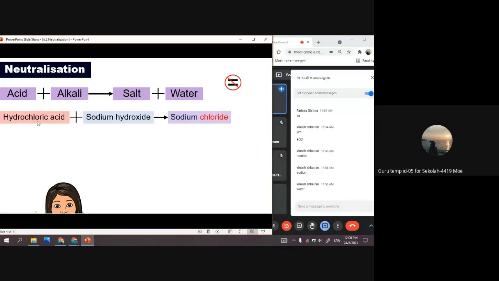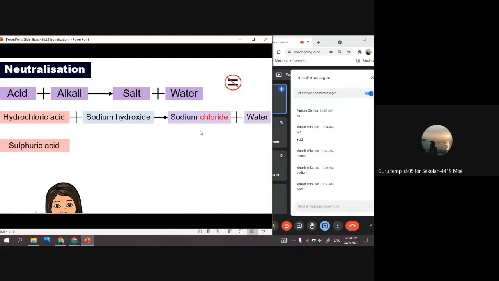We cannot take hydrochloric, but we change chloric to chloride. It is a rule for naming salts in chemistry. So it is not sodium hydrochloride, but sodium chloride. Plus water. Remember, there must be plus water.